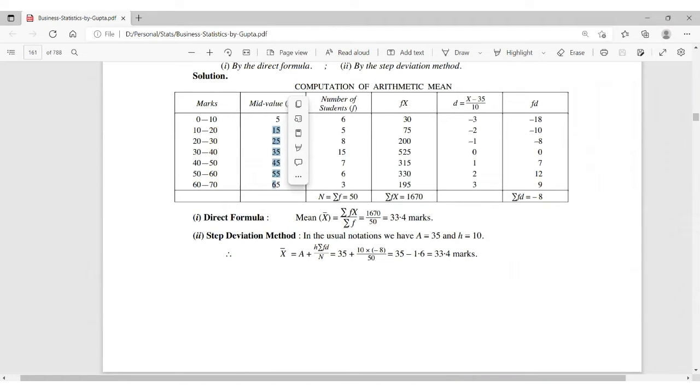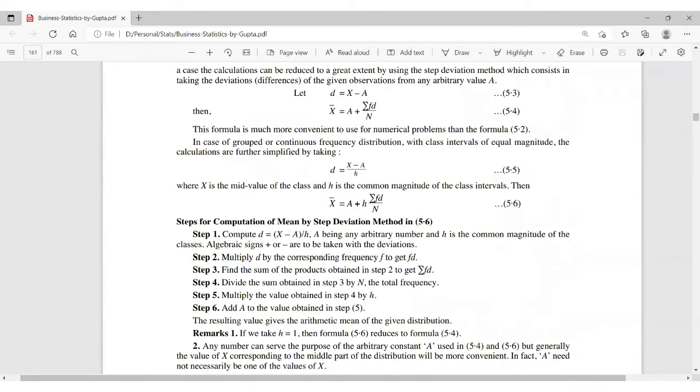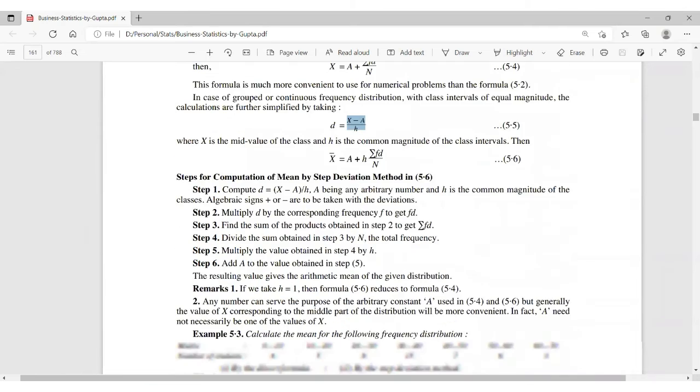Then see how many numbers there are: 1, 2, 3, 4, 5, 6, 7. For 7 numbers, find the centrally located number, that is 35. We put a name here, D. The formula for D, as I told you, is (x minus 35) divided by h.